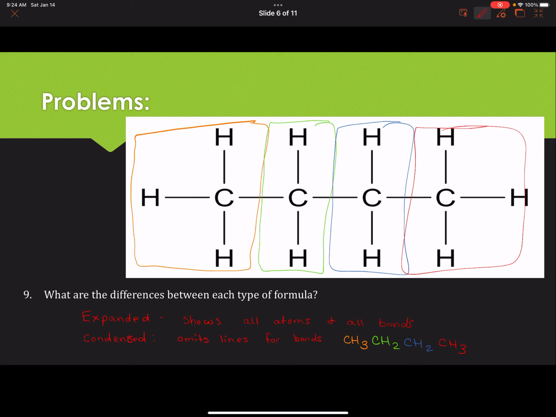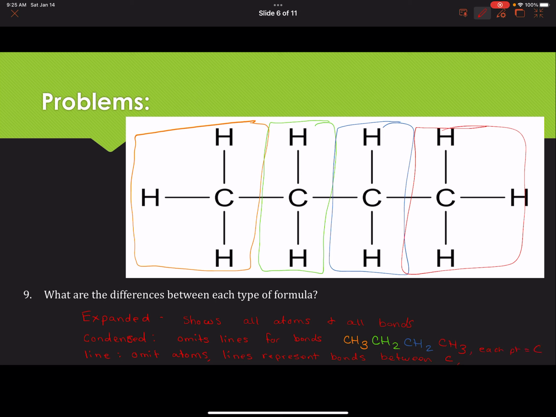And then our final formula type was our line formula or our skeleton formula. With the line formula, it's going to omit atoms. Lines are going to represent bonds between carbons. These are more drawn in kind of a zigzag structure. So each point on the line is a carbon.